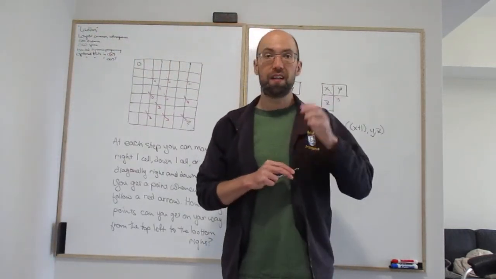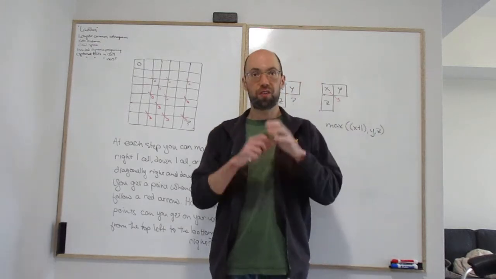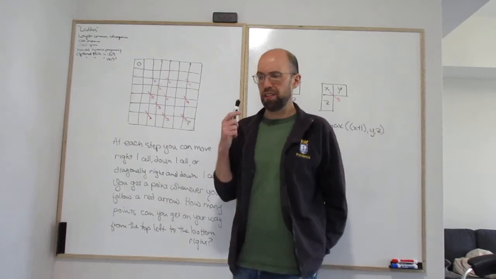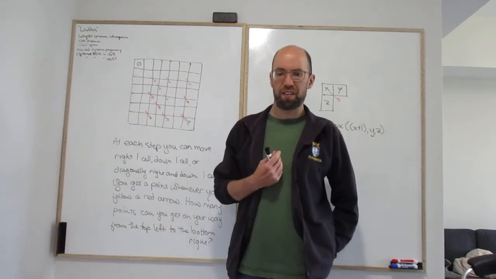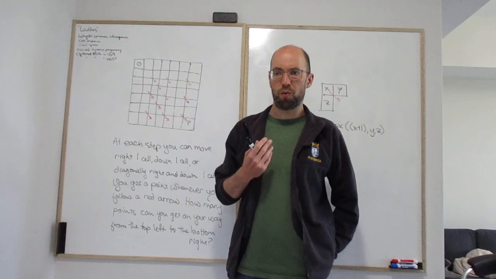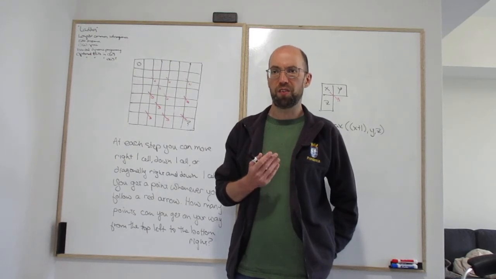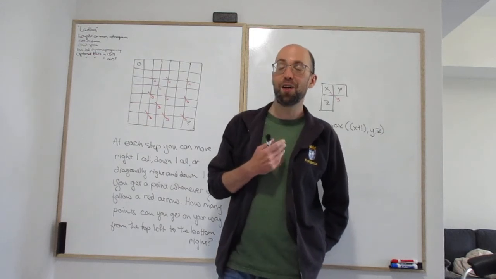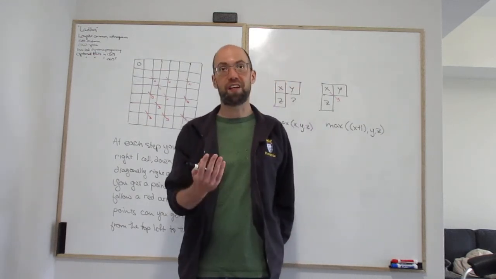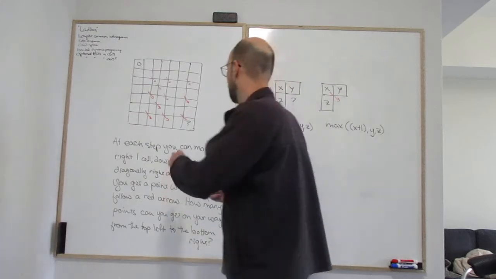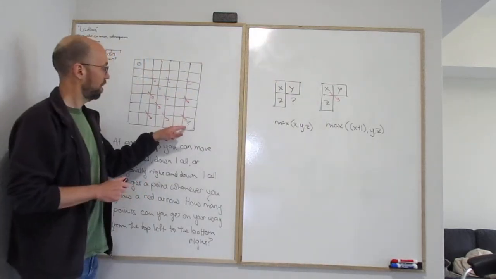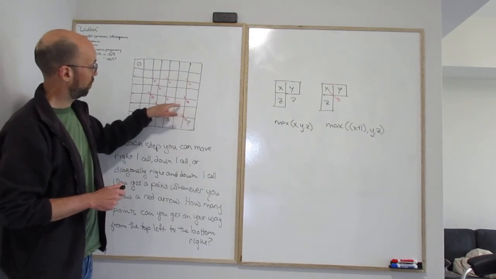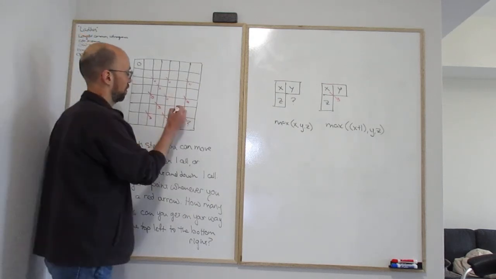Now, the thing that makes this different from recursion is that your professor is weak-willed, but not so weak-willed that they will answer the same question over and over again. So this was x, right?